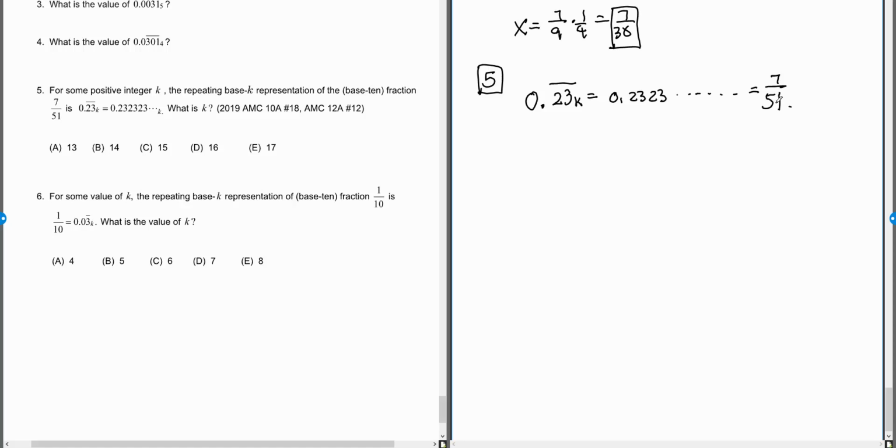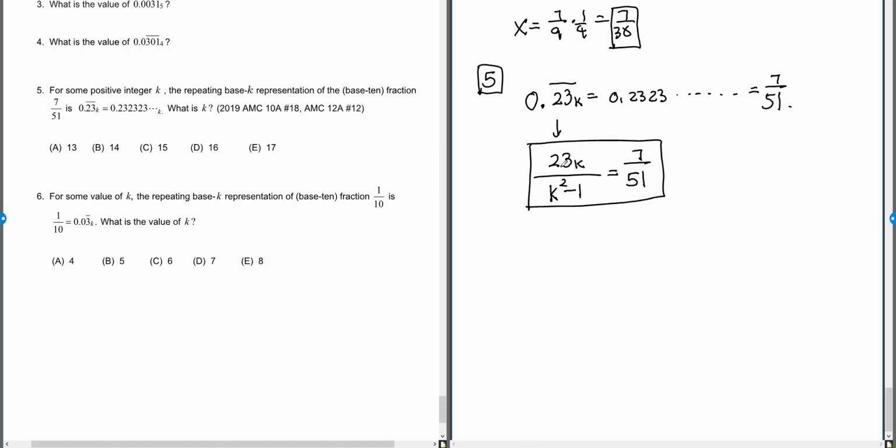First, we move right 2 numbers to the front. How? We multiply k squared, isn't it? This is actually k squared minus 1. The number 23 is still in the numerator, but that is base k. That equals 7 over 51. We have to solve this one. 23 is base k, right?